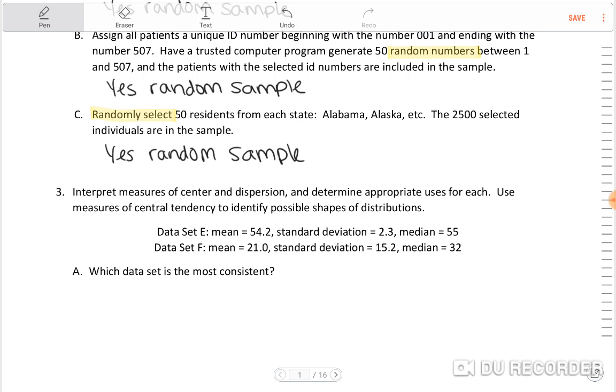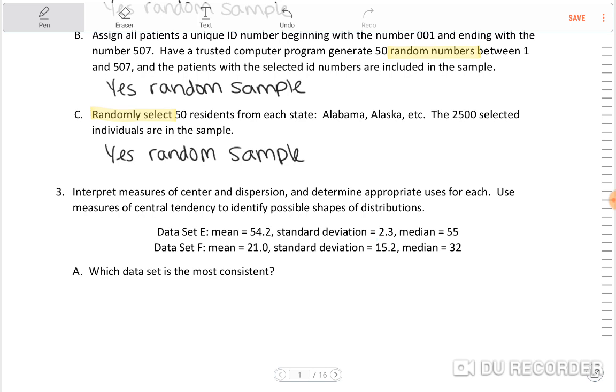So when we're looking at which one's the most consistent, what tells us the spread of the data is not the mean and not the median. Those are measures of center. But measures of dispersion, or the spread, that's going to be your standard deviation. So the smaller your standard deviation is, the closer your numbers are together. The bigger your standard deviation, the farther apart your numbers are.